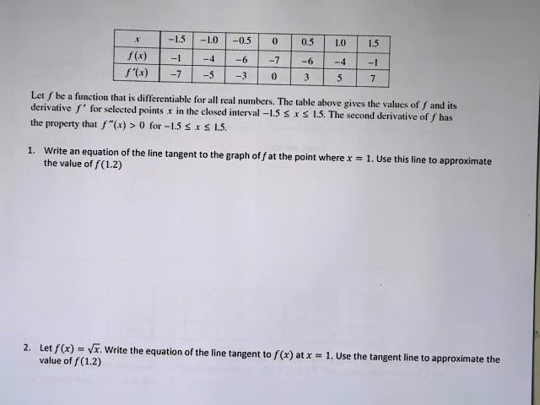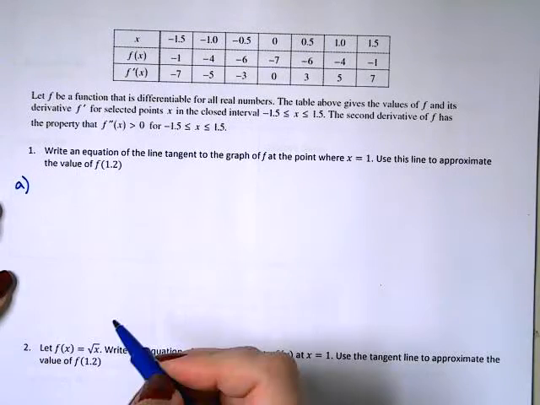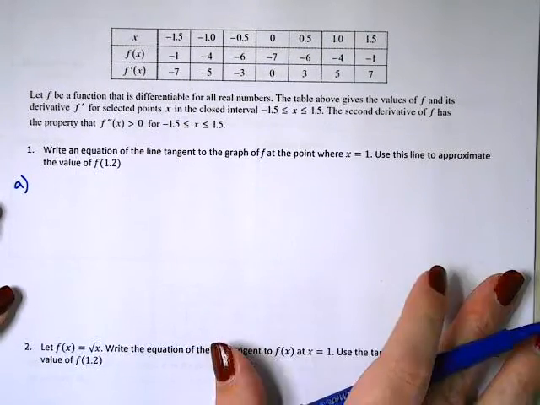Question 1 asks us to write the equation of the tangent line to the graph at the point x equals 1. Use this line to approximate the value of f of 1.2. It doesn't have it broken up into two parts, but I am going to have you break this into a part A and a part B. For part A, we're going to do what the question actually asks, which is write the equation of the tangent line.